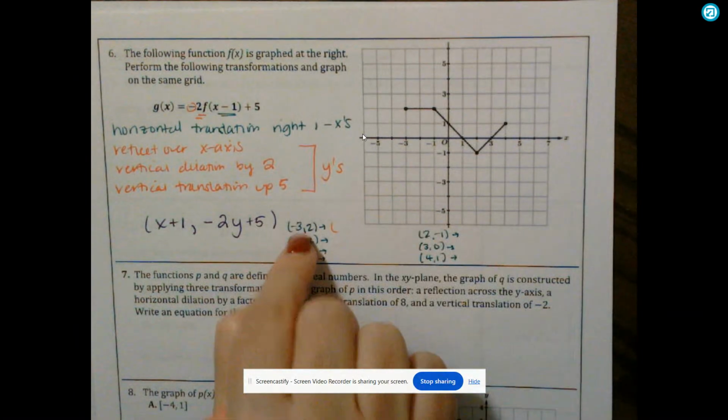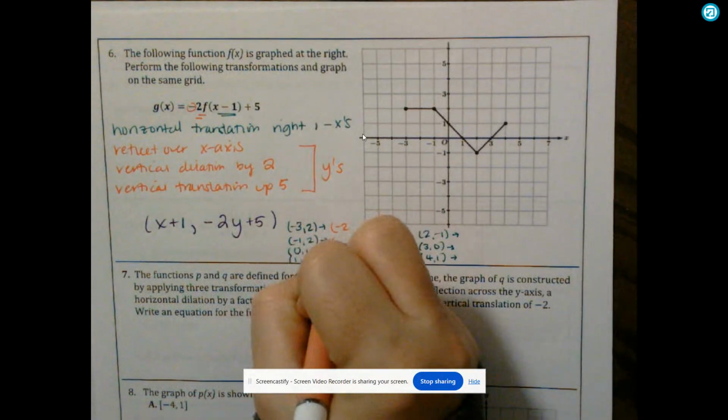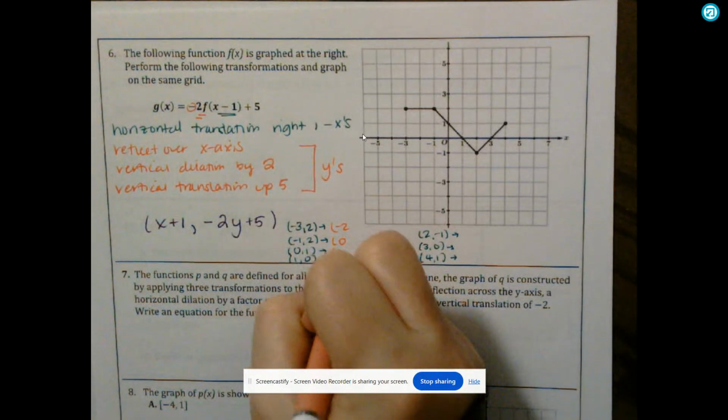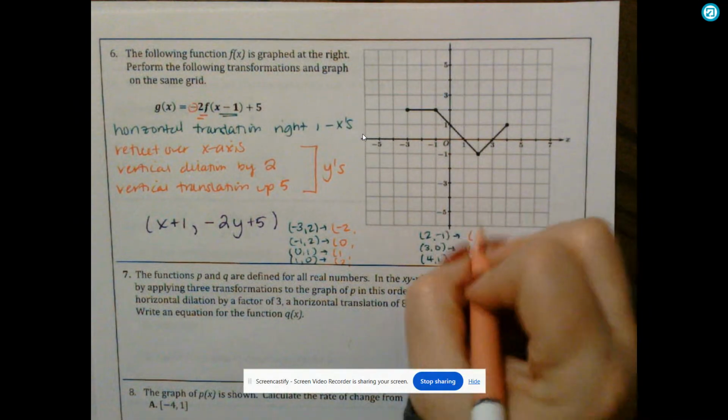So if I did -3, -1, 0, and 1, and added 1 to those, it's going to give me -2, 0, 1, and 2, and still adding 1 over here, it's going to give me 3, 4, and 5.